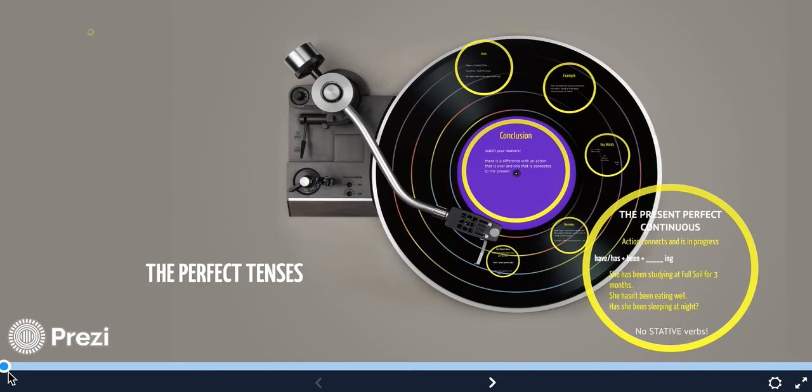We see it a lot in music where we show love and relationships and memories and experiences and how they connect to us now. You can see this in music with U2. You can see it with CCR. If you were to look up the perfect tenses in music, you could find a lot of different artists that use it within their music and their lyrics.